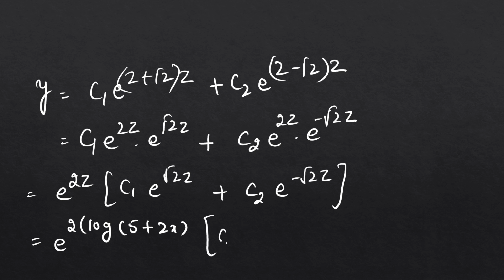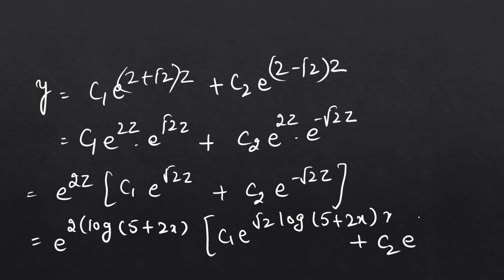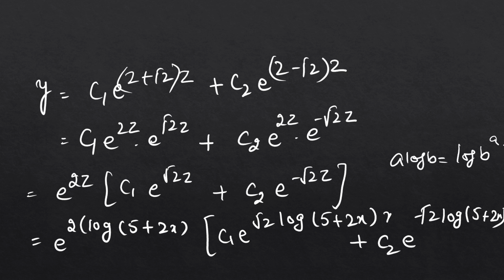So now we take e^2 log of 5 plus 2x, then c1 e^root 2 log of 5 plus 2x, plus c2 e^minus root 2 log of 5 plus 2x. Now we can solve this, because a log b can be written as log b raised to power a.